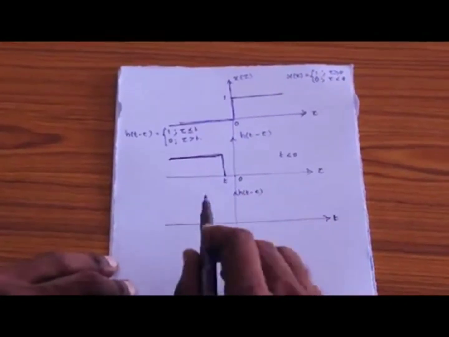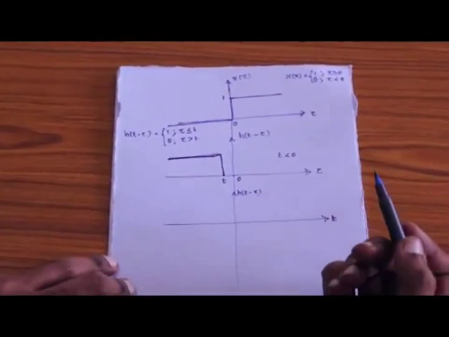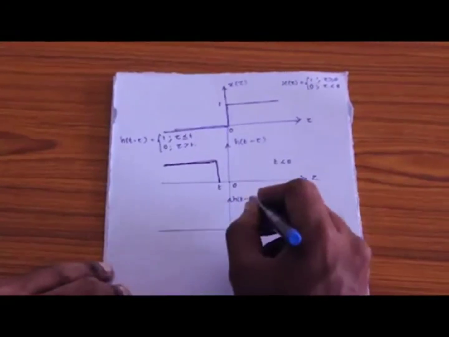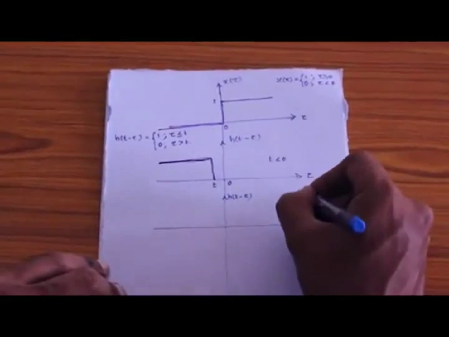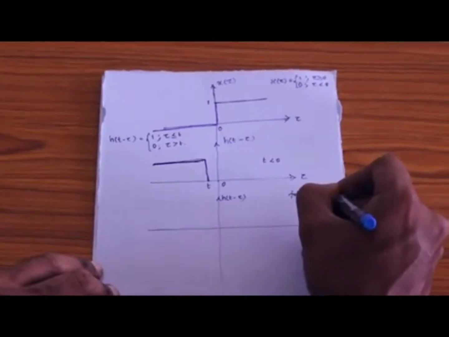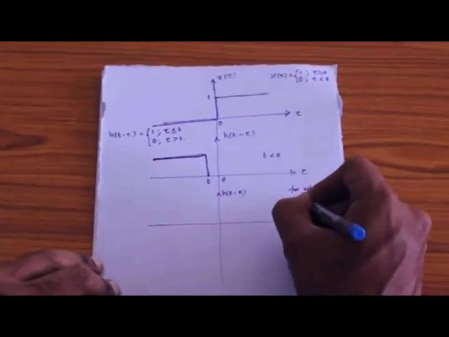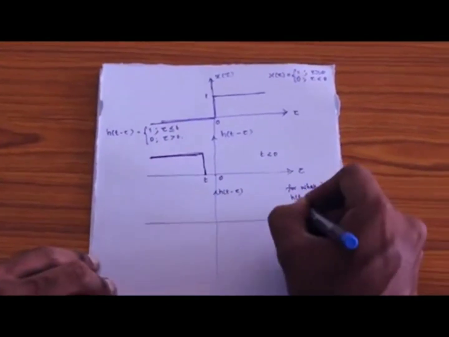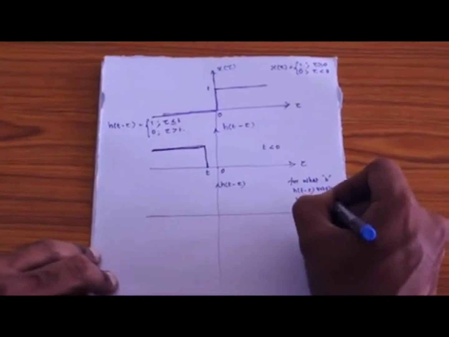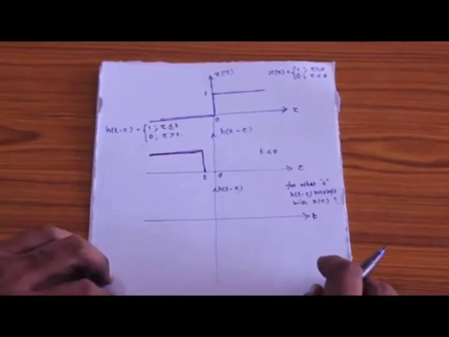Now tell me, for what value of t does h of t minus tau overlap with x of tau? This is my question. Can you tell me?